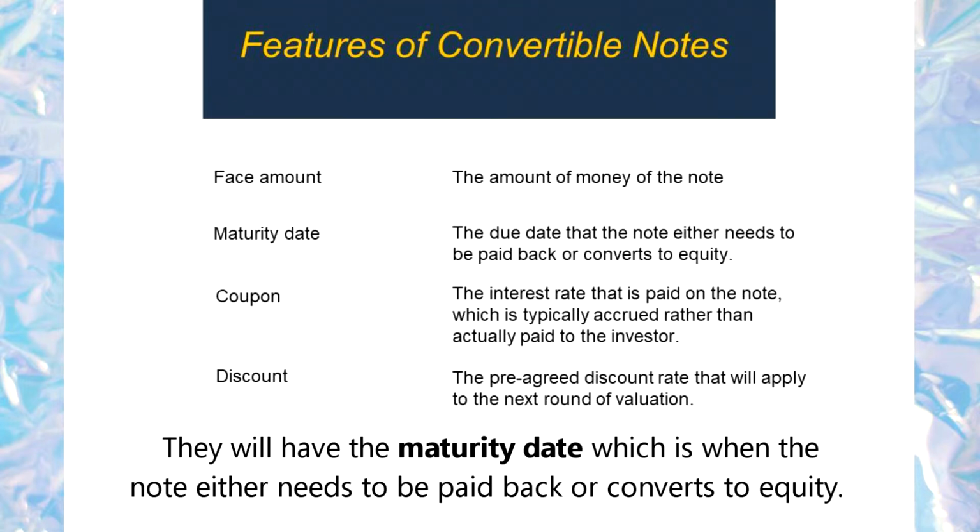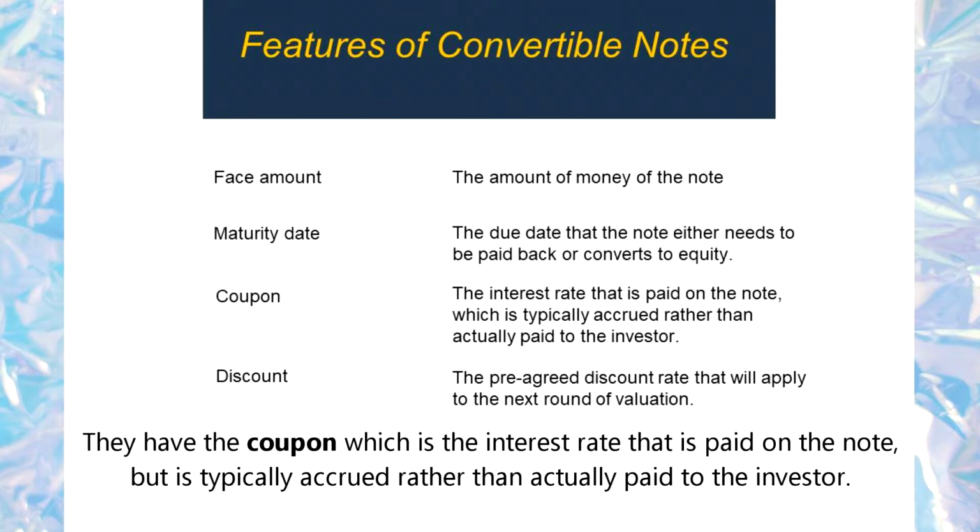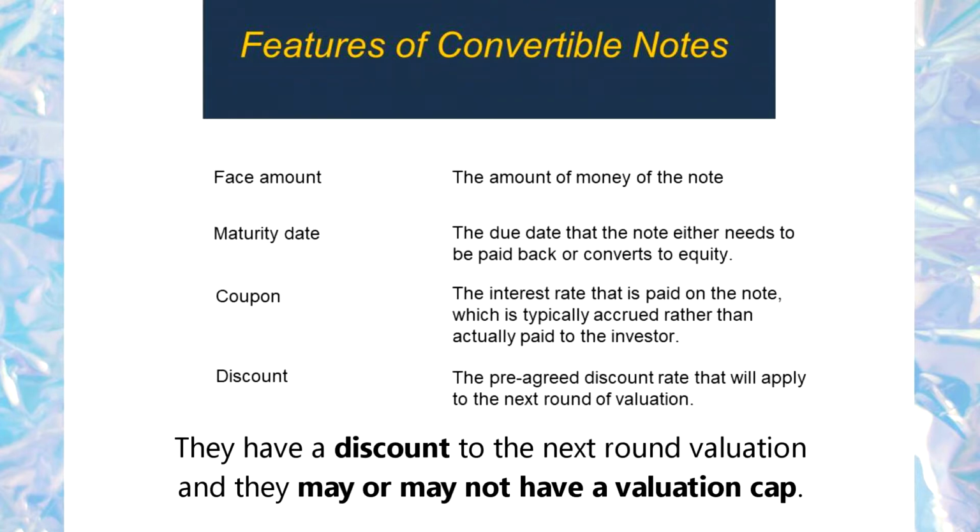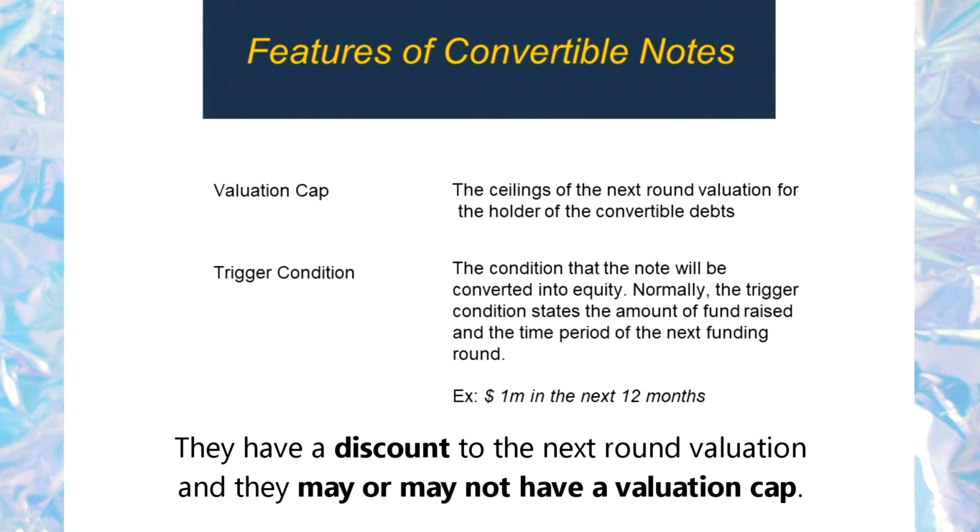They will have a maturity date, which is when the note either needs to be paid back or will convert into equity. They'll have a coupon, which is an interest rate that is paid on the note, but is typically accrued rather than actually paid to the investor. They'll have a discount to the next round valuation, and they may or may not have a valuation cap.